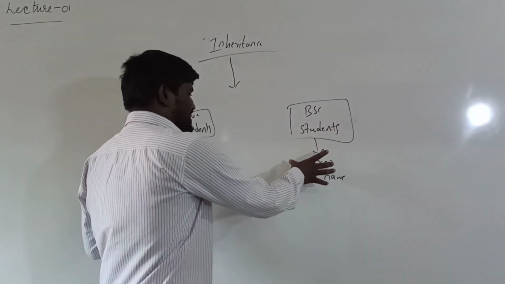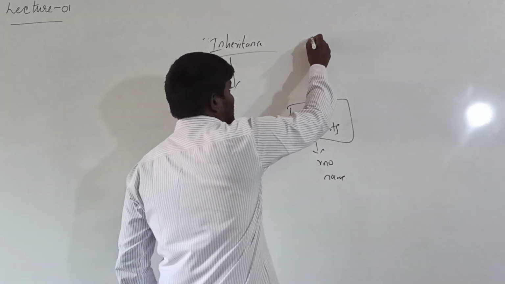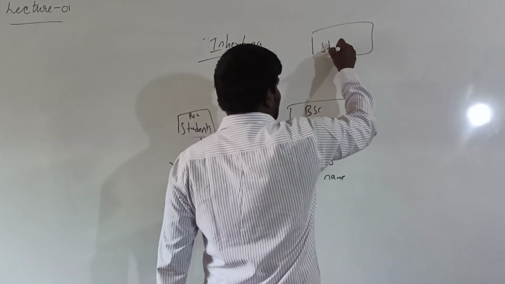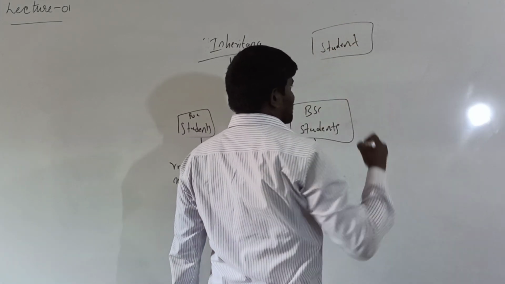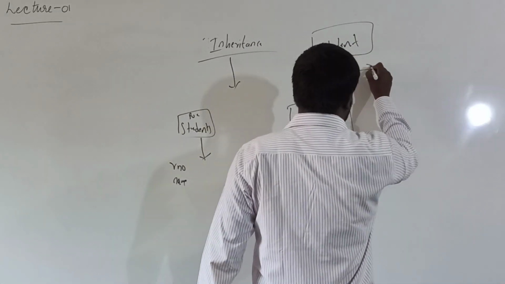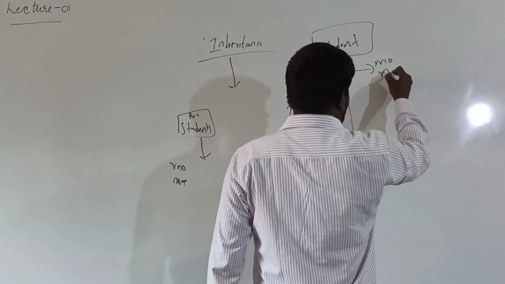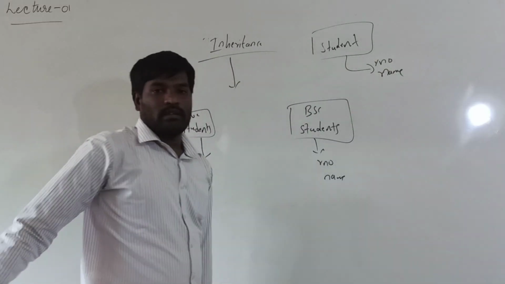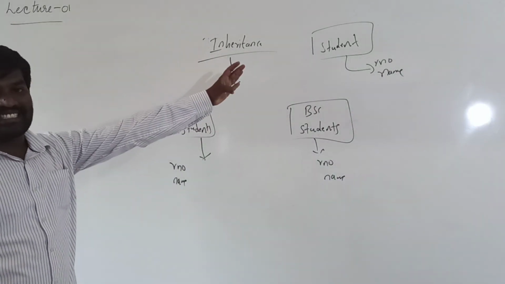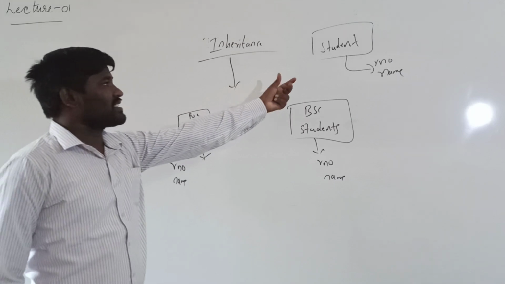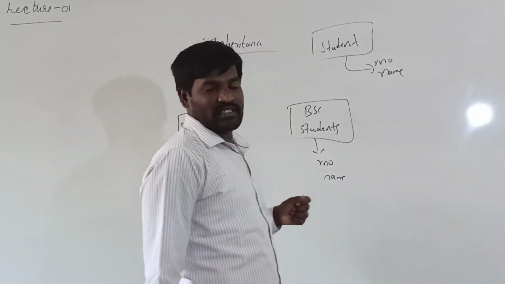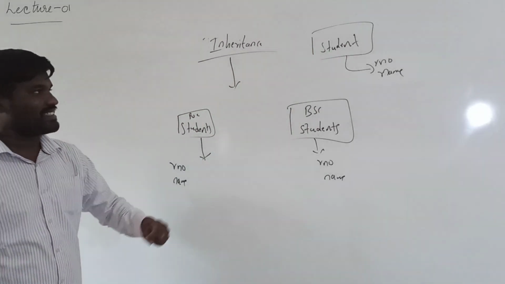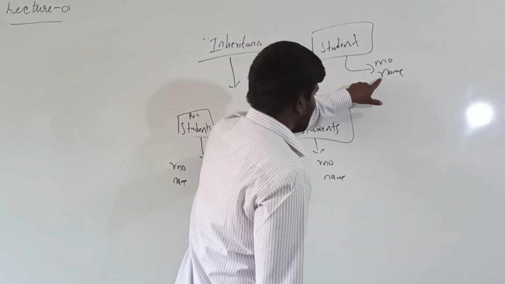Instead of writing them two times, I can create one class, that is the student class, and in the student class I can declare roll number and name.